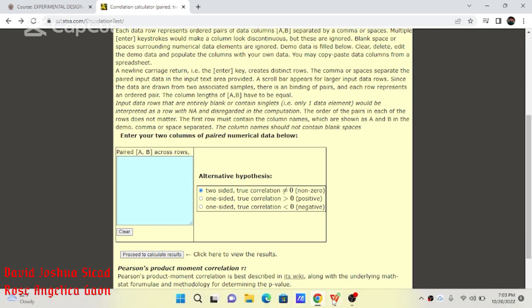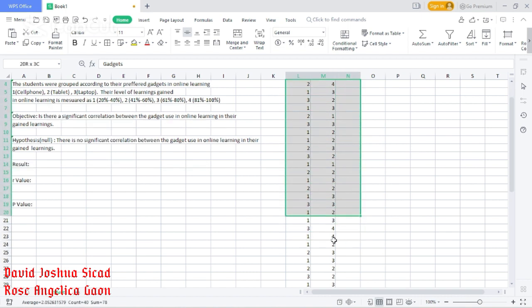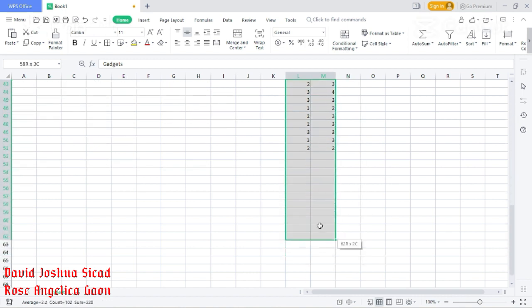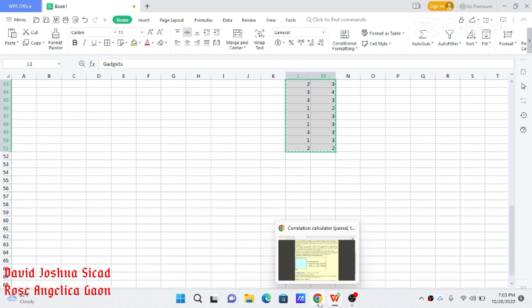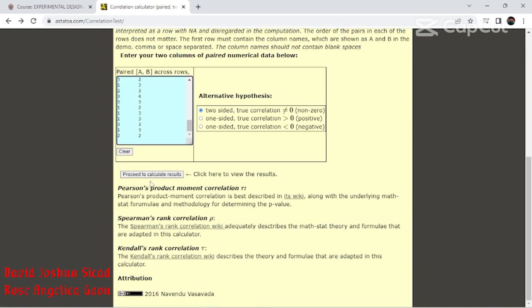So to calculate, we will copy and paste. There should be no space.